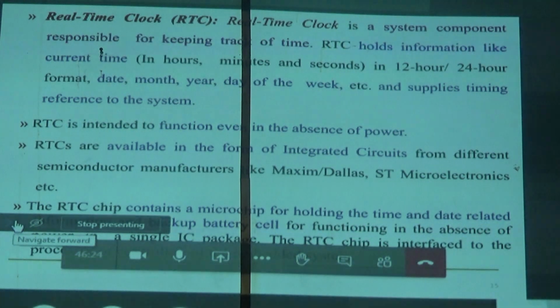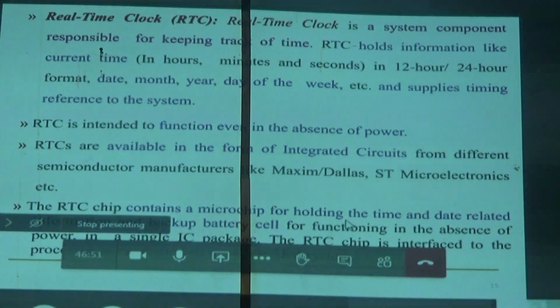RTCs are available in the form of an IC from different semiconductor manufacturers like Maxim, Dallas, ST Microelectronics, etc. The RTC chip contains a microchip for holding the time and date related information, and a backup battery cell. As I told you, you need not use a power source for this. If there is no power, then how will the electronic components work?